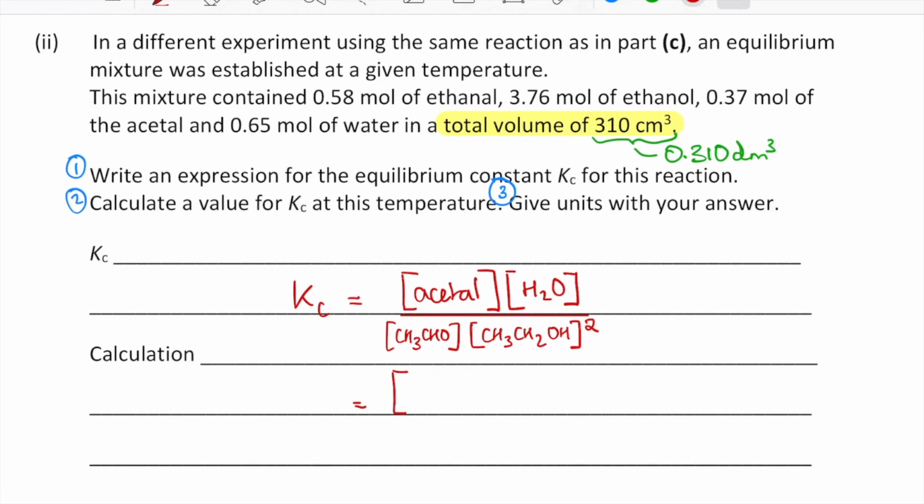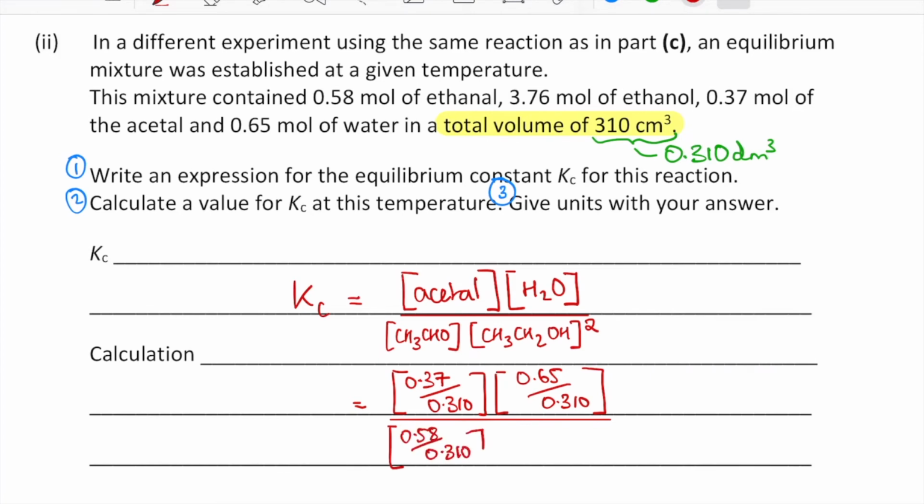The concentration of the acetal is the number of moles of the acetal, which is 0.37, divided by the volume, which we worked out ahead of doing this calculation. Makes our life a little bit easier. Times the concentration of water, which again is the number of moles, 0.65, divided by the same volume, 0.310. And then that is over the concentration of ethanol, which is 0.58 over 0.310.